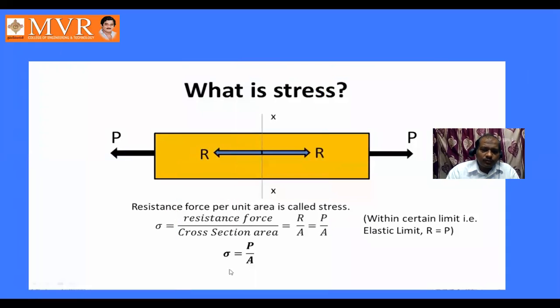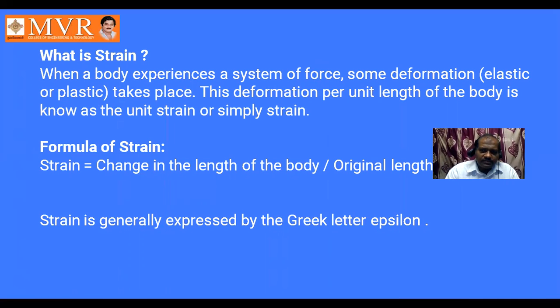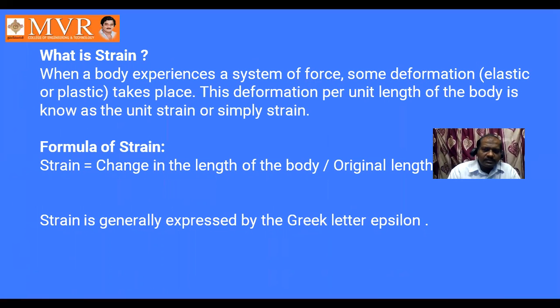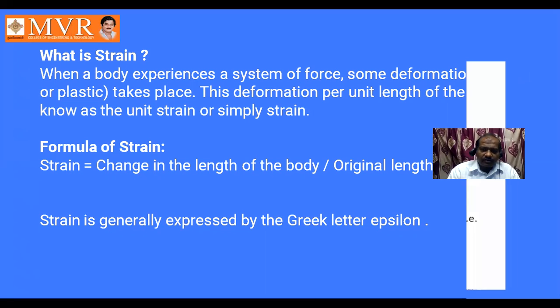So if we observe this, stress is equal to force by cross-sectional area. It is represented by the letter sigma. Strain is the change in the length of the body to the original length. It is expressed by epsilon.